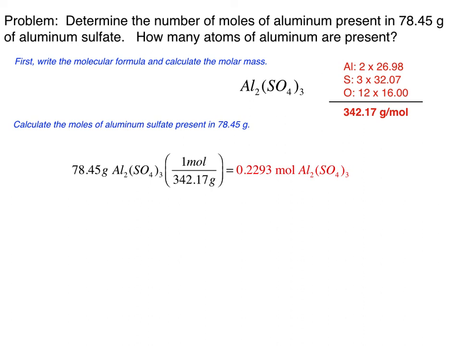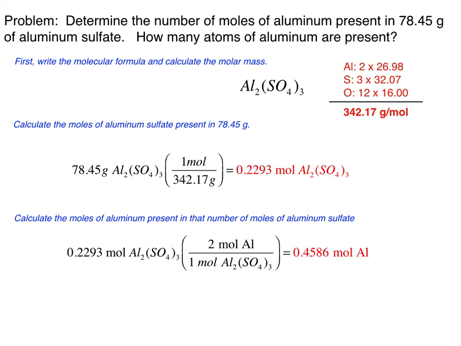We now need to determine how many moles of aluminum are present. And notice for each molecule of aluminum sulfate, there's 2 atoms of aluminum. So if we have 1 mole of aluminum sulfate, there must be 2 moles of aluminum. We can do this with what's known as a mole-to-mole conversion, or ratio.